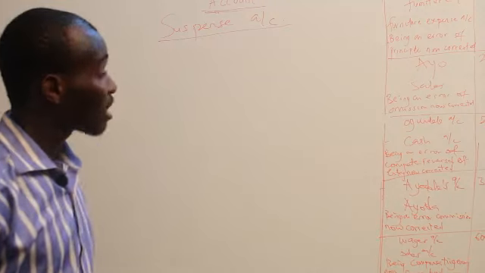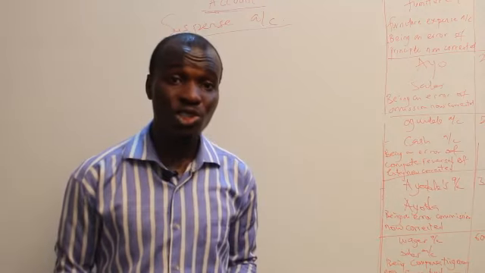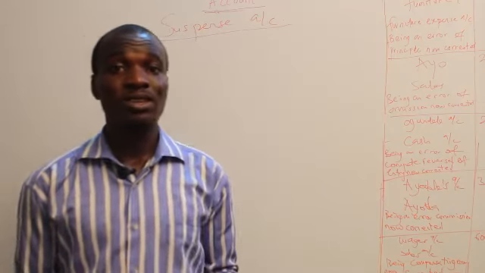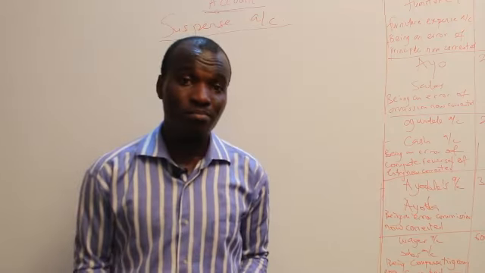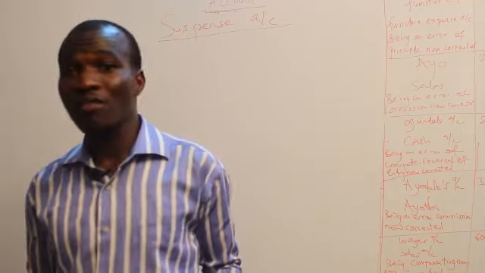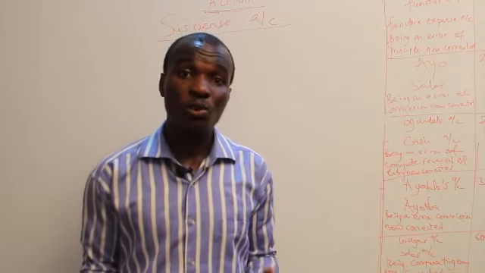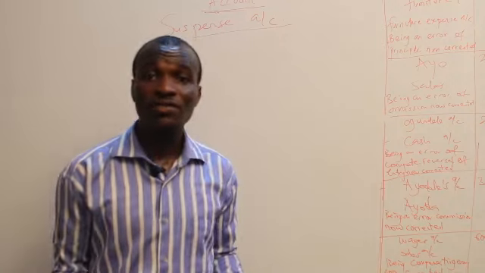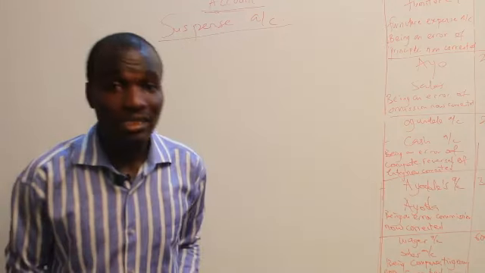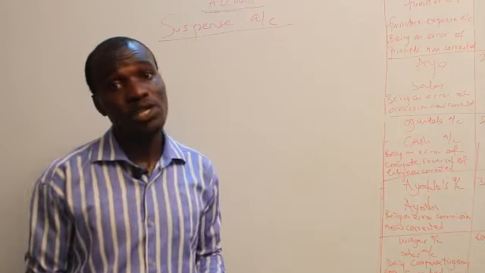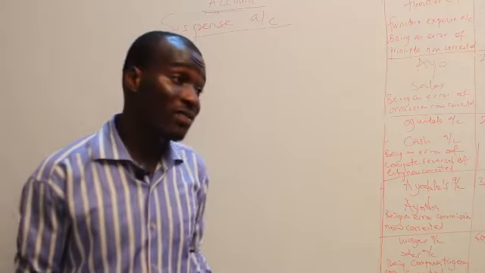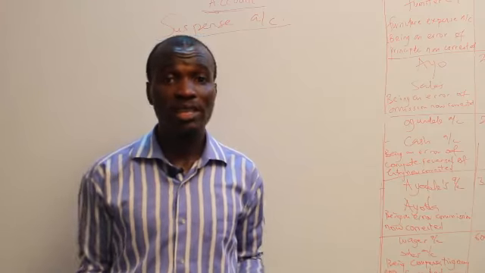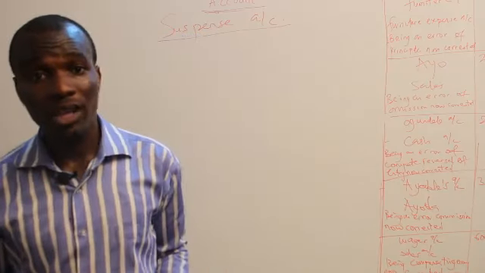This category of error includes the one-sided omission, when there is an omission of a single item in the trial balance. In every transaction using double entry, there must be a credit entry and a debit entry. So if the credit entry is correctly entered and the debit entry is omitted, that becomes a one-sided omission, and vice versa. So a one-sided omission affects the agreement of the trial balance.